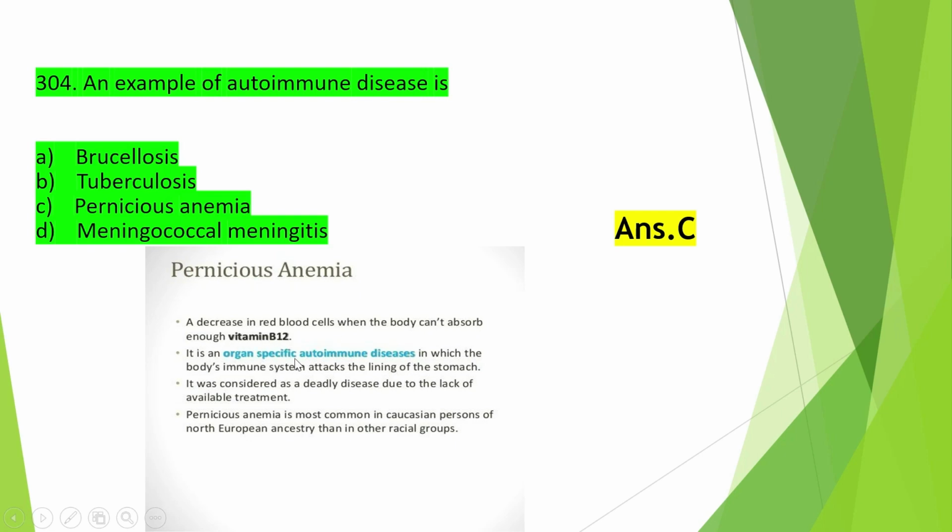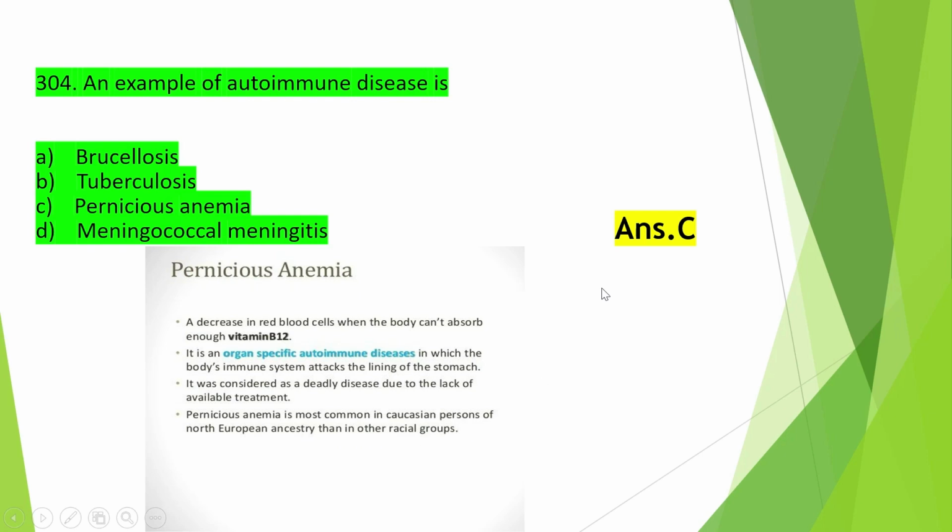It is an organ specific autoimmune disease in which the body's immune system attacks the lining of the stomach. It is considered a deadly disease due to the lack of available treatment, and it is most common in Caucasian persons of North European ancestry than in other racial groups.